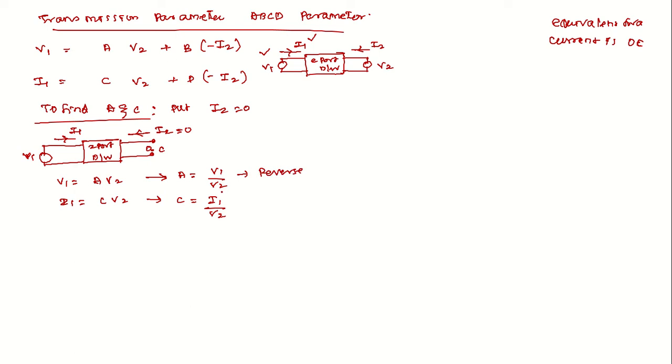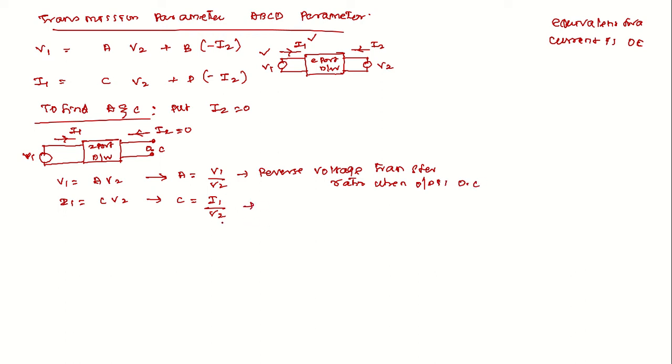V2 by V1 is called the voltage transfer ratio, but V1 by V2 is input by output, so A is the reverse voltage transfer ratio when the output is open circuit.